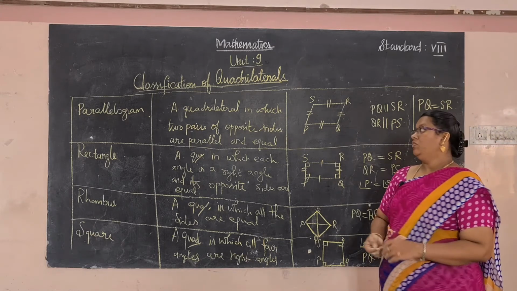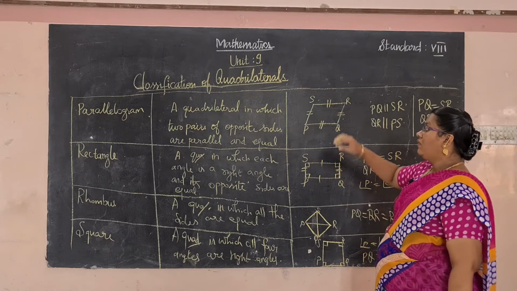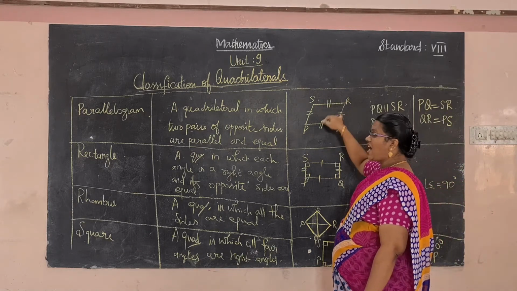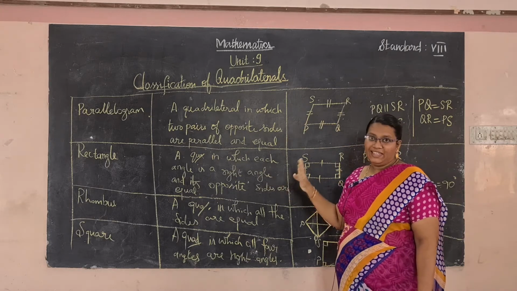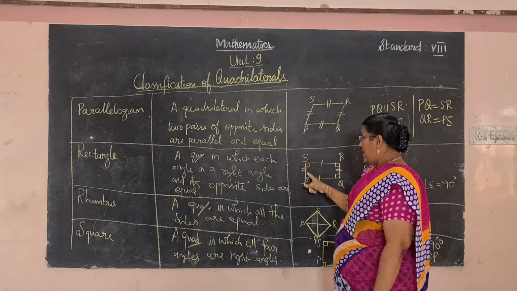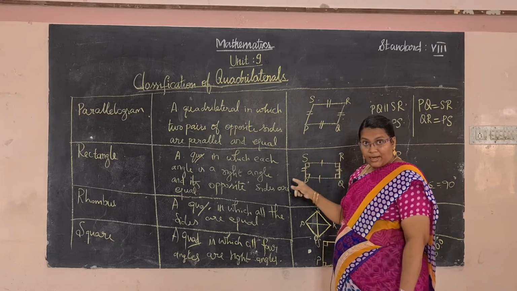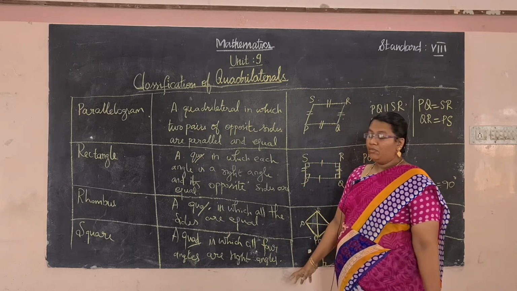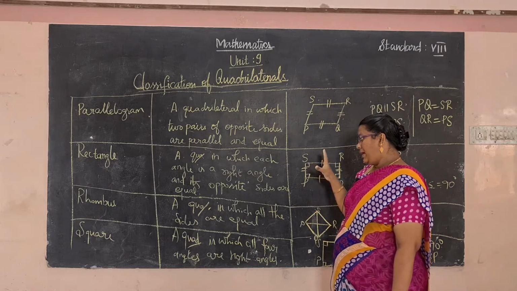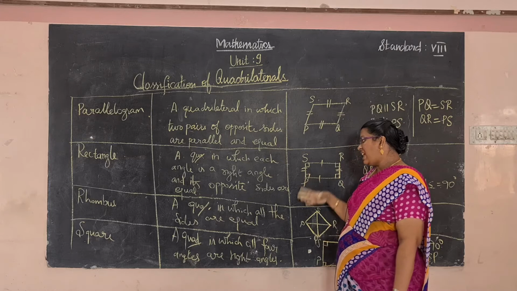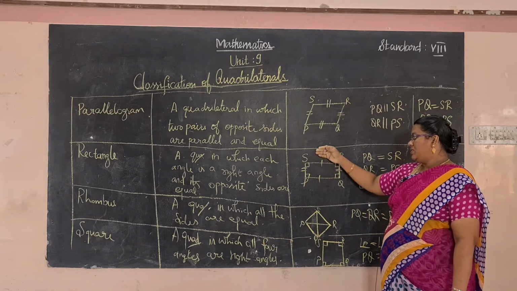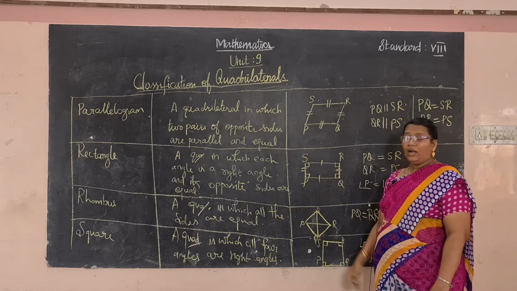So the parallelogram, which properties does it have? Two pairs of opposite sides are parallel and equal. And rectangle, all the angles are right angles, so right angle means 90 degrees, and its opposite sides are equal.